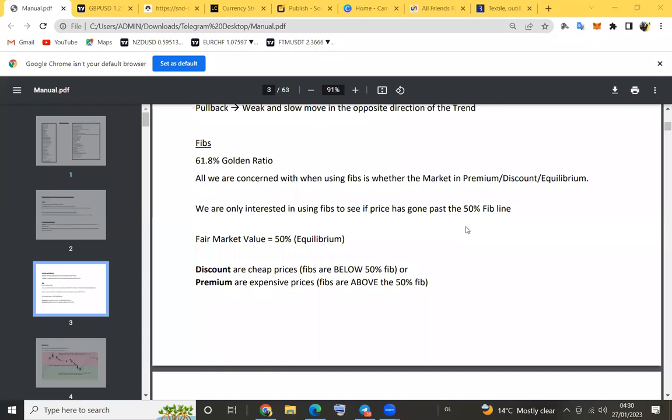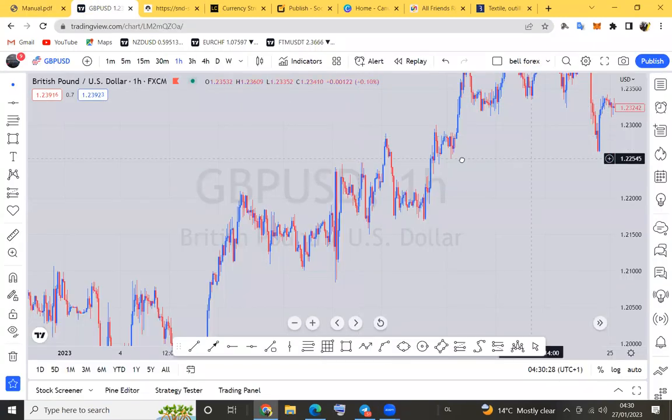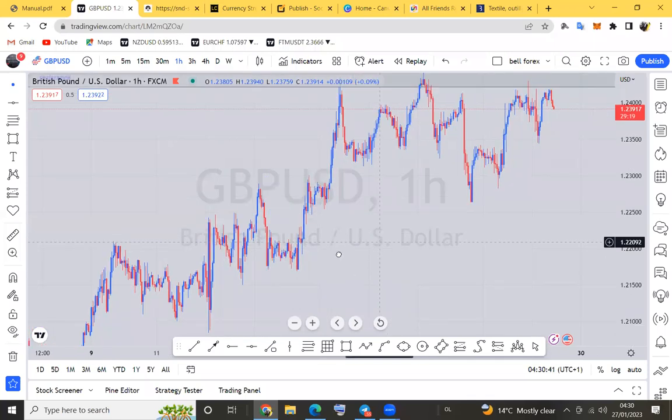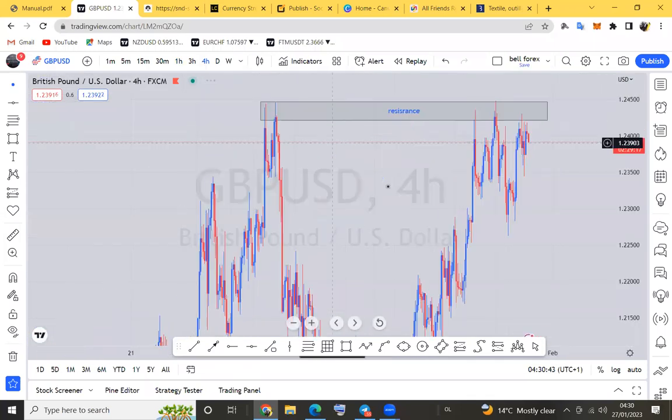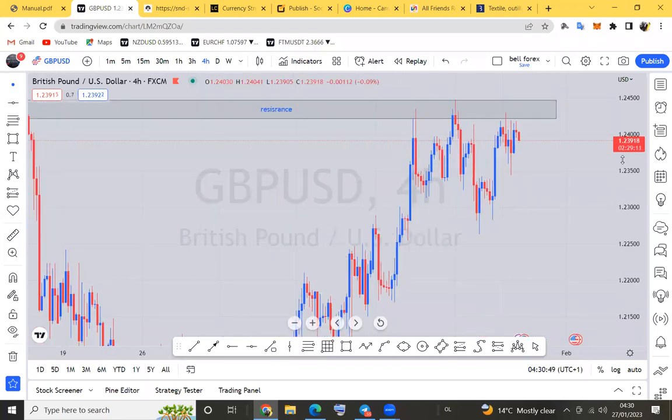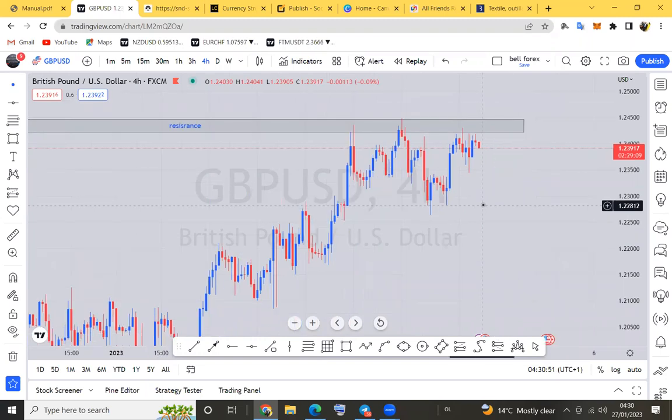Okay, we're still on the concept of looking at support and resistance. We're talking about trend impulses and corrections. So, in most cases, there's also a technique that people utilize to analyze the market when it comes to impulsive movements and correction movements.